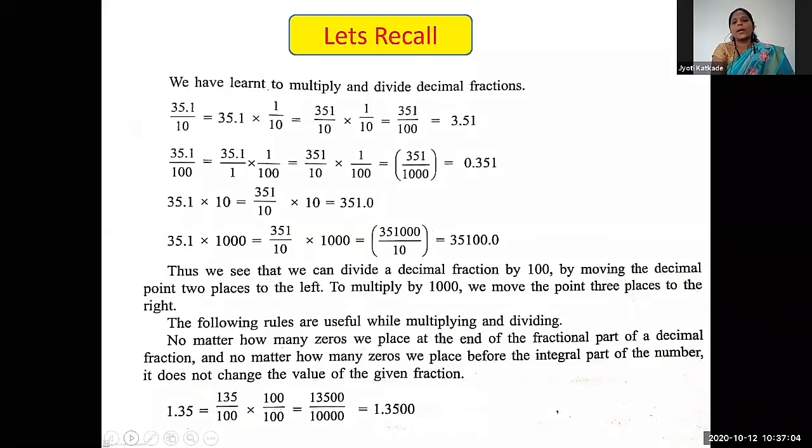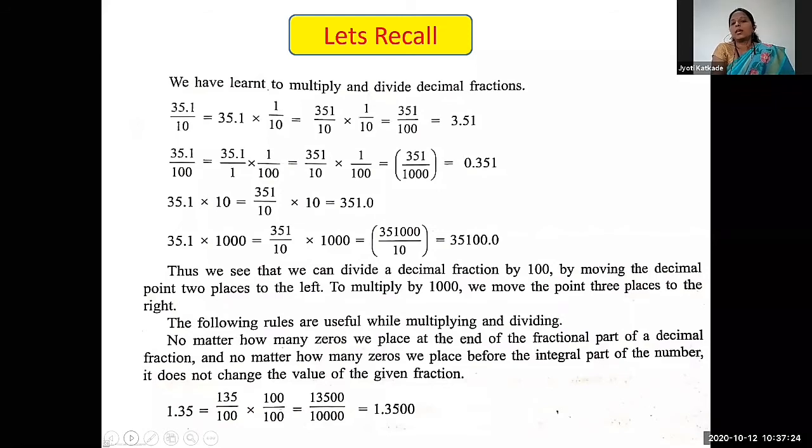First, 35.1 divided by 10. When we divide 35.1 by 10, the decimal point moves to the left by 1 place.